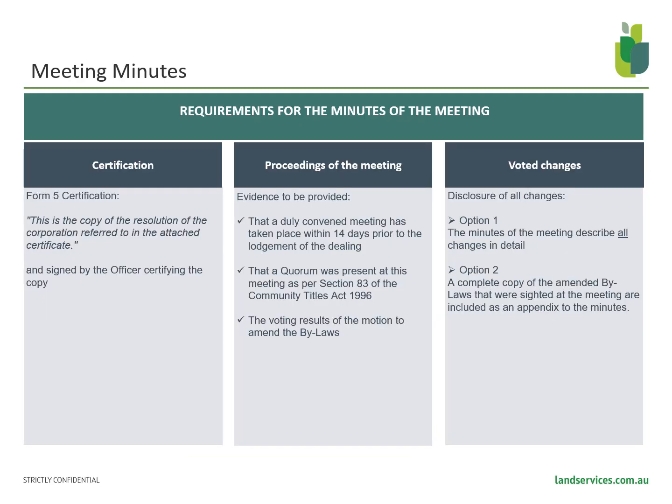Except where a court order applies, the minutes of the meeting held by the Community Corporation to vote on the changes to the bylaws must be attached to the dealing. At a minimum, the following 3 requirements must be met. The first is the Form 5 certification as per the Community Titles Regulations 2011, which must be shown on the copy of the minutes.